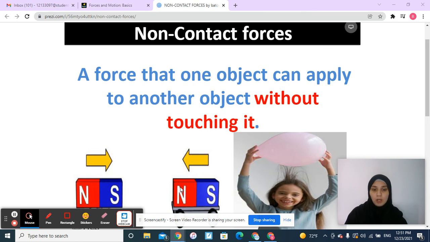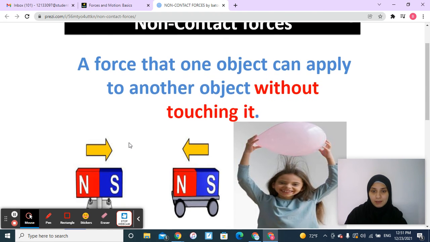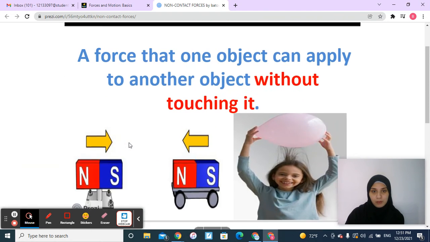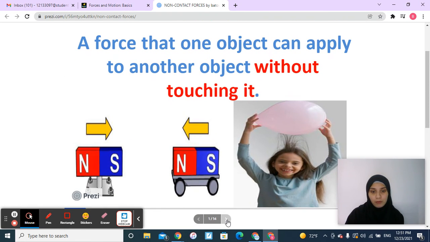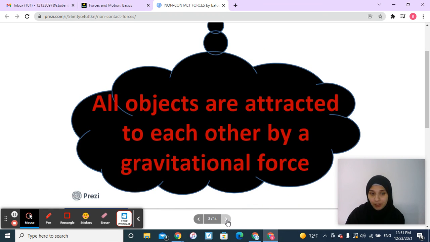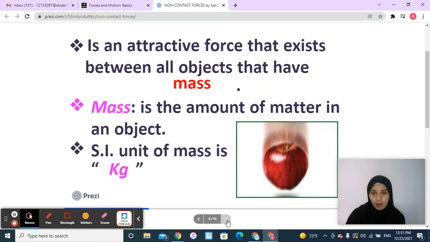So that's why it's so important to understand that there is a magnetic force or an electric force or a gravitational force applied. All objects are attracted to each other by a gravitational force. Of course, any object that has a mass has weight. The gravity is applied. The Earth will pull this object to the ground.